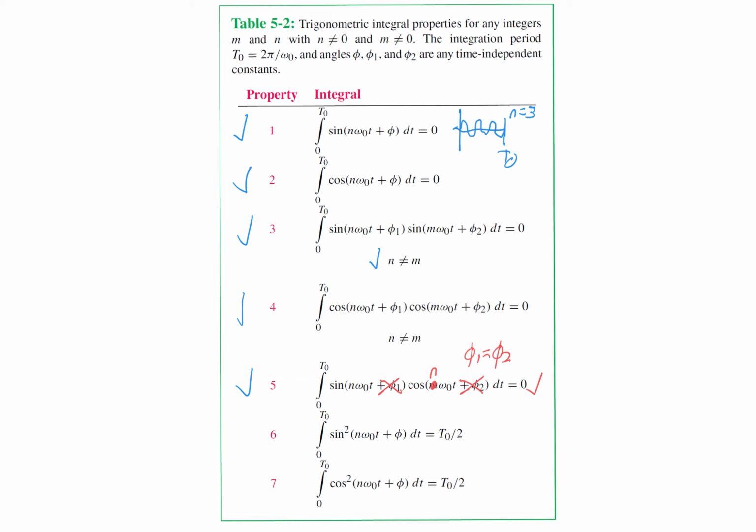Next formula says if I have a sine wave that is at a multiple of the fundamental frequency and I square that sine wave, I'm going to get this area. So what's happening here is I have a fundamental period. I have a sine wave that is at some multiple of it. So here I'm showing it as if n equals 3.